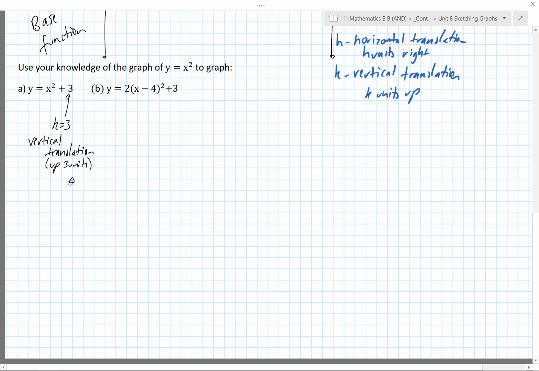So I'll quite roughly sketch my x squared and then shift everything up 3 units, and draw that same indicative shape. This is y = x squared + 3. That's probably about as easy as these are going to get.